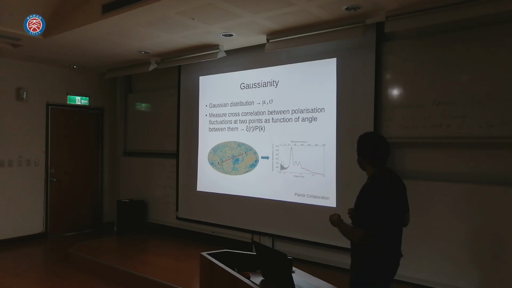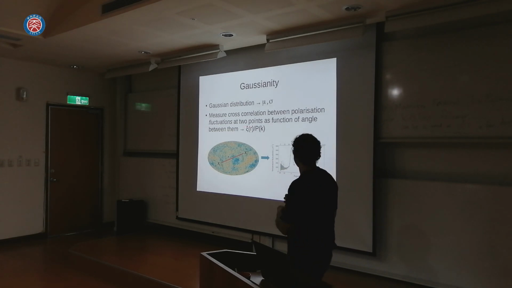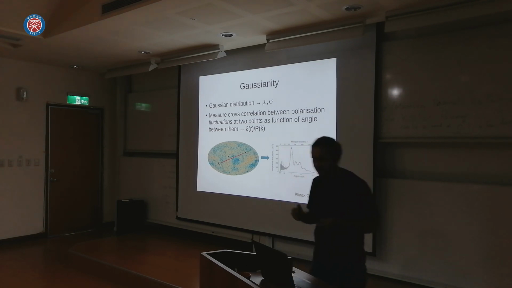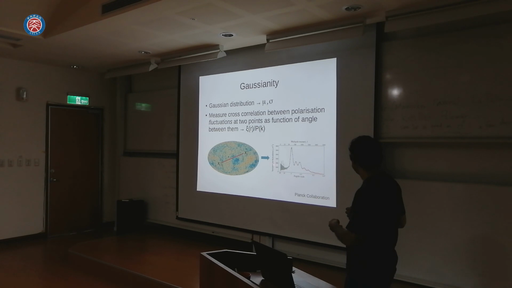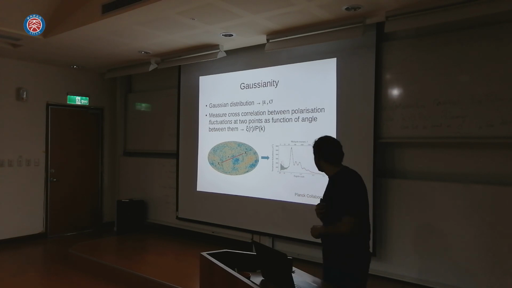And this is a function of the separation between these 2 points. Equivalently, we can think of the Fourier transform of this measurement, which is just the power spectrum. So that is what is shown here. This is for the temperature fluctuations as a function of the separation between these 2 points on the sky.